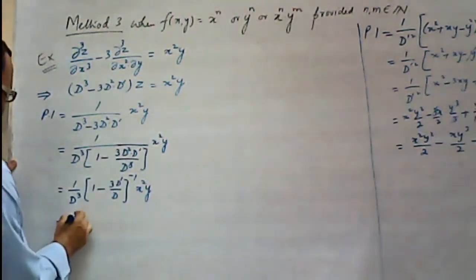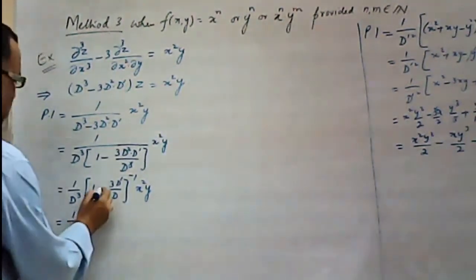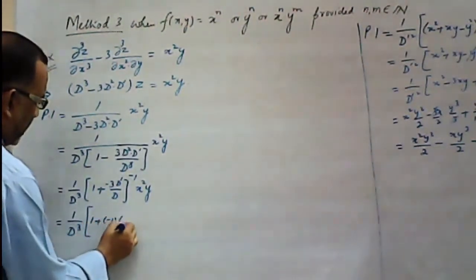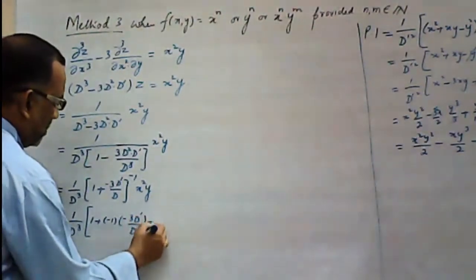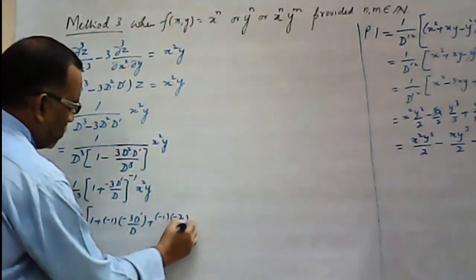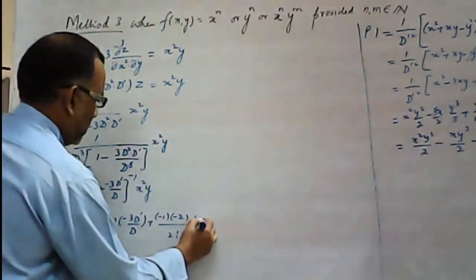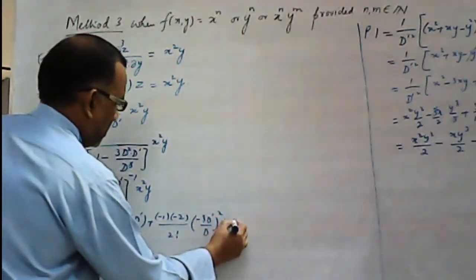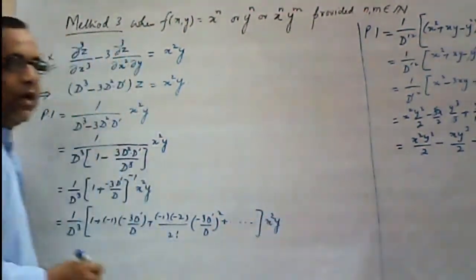Then opening with binomial, 1 plus n times x minus 3D dash upon D plus n into n minus 1 upon 2 factorial square of this term and so on applying on x square y.